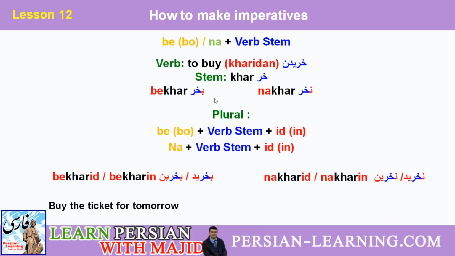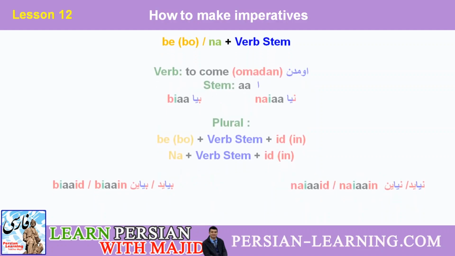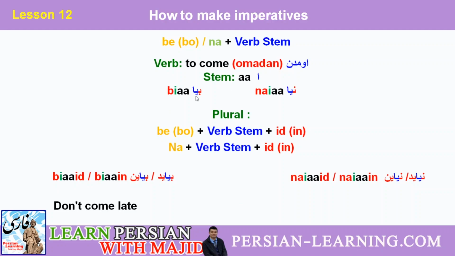خریدن: بخر, نخر, بخرید or بخرین, نخرید or نخرین. Buy the ticket for tomorrow: بلیت فردا رو بخرید. اومدن: بیا, نیا, بیاید or بیاین, نیاید or نیاین.